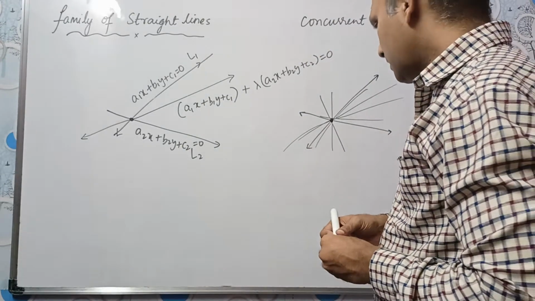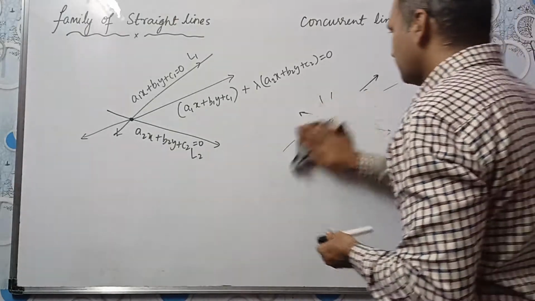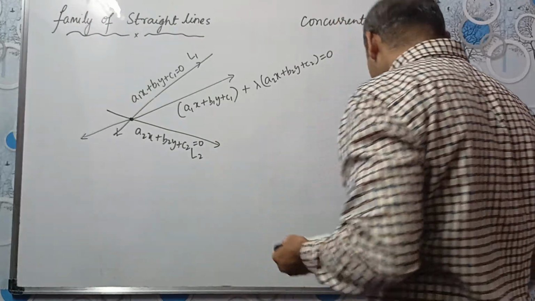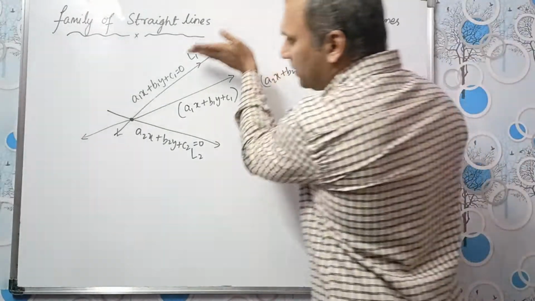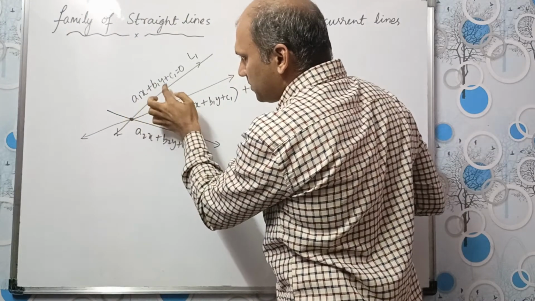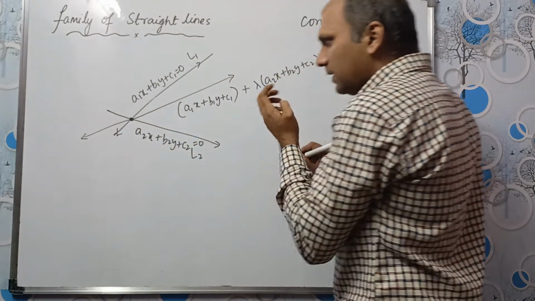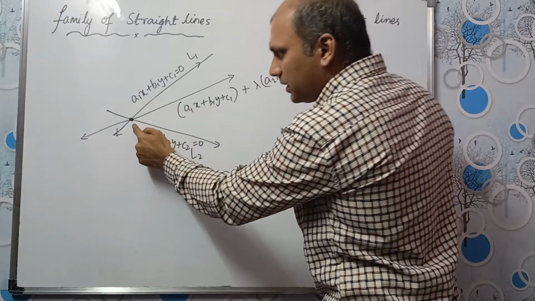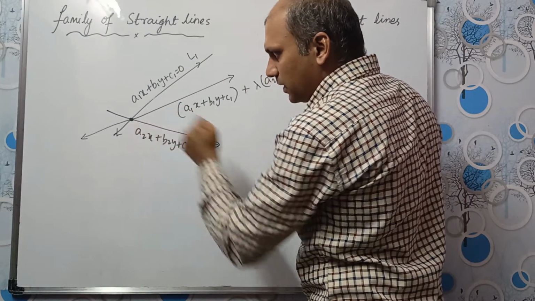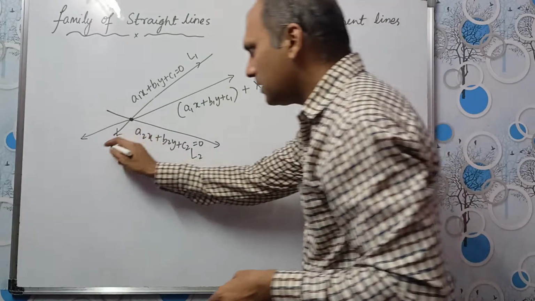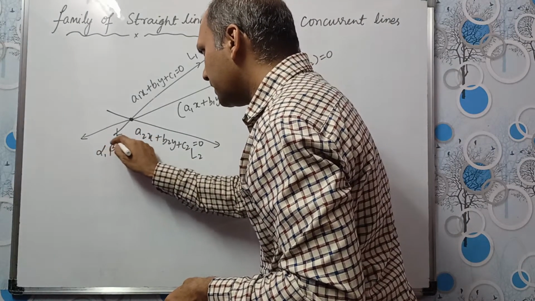I hope you understood this. We have two straight lines, A1x plus B1y plus C1 is equal to 0, and A2x plus B2y plus C2 is equal to 0. Now let us say the point of intersection of these is alpha comma beta.